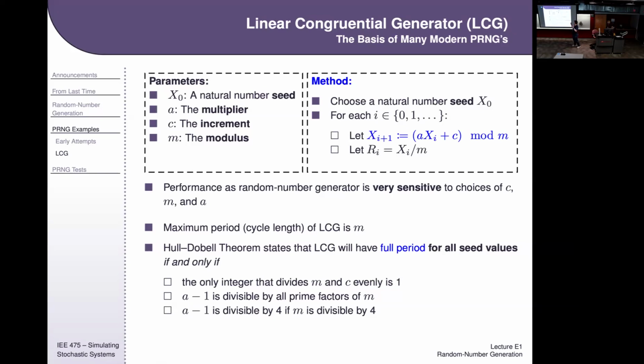What that means is it will have a cycle of the full maximum period. It'll have an m number cycle. So it's guaranteed that it can't be larger than m, but it won't be any smaller than m. So that's great. We have guarantees on it.